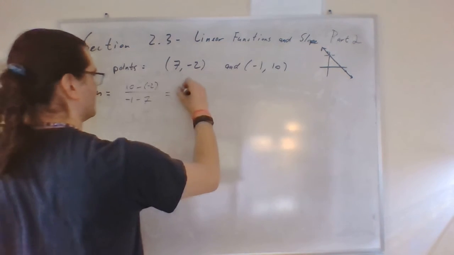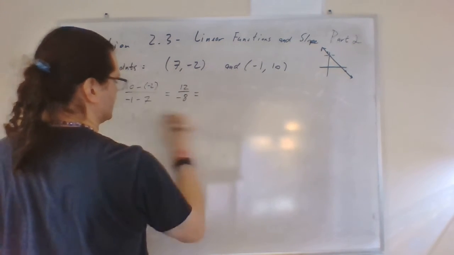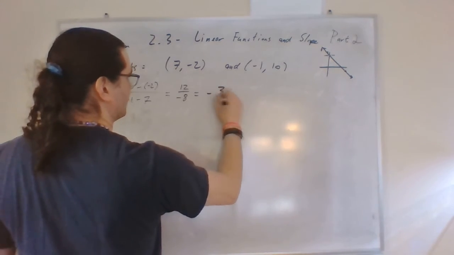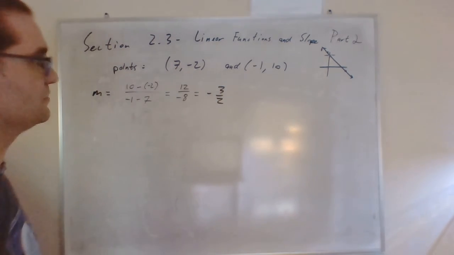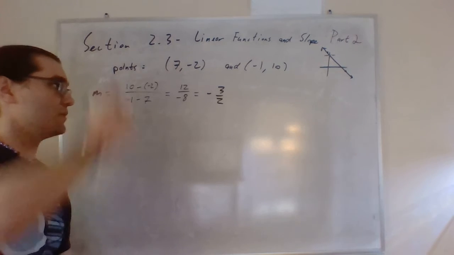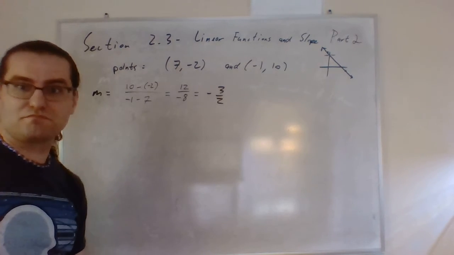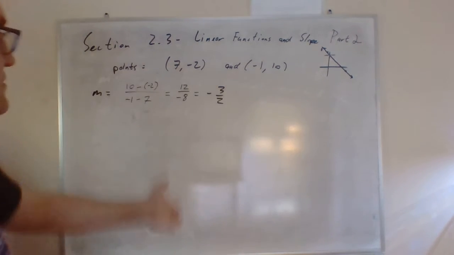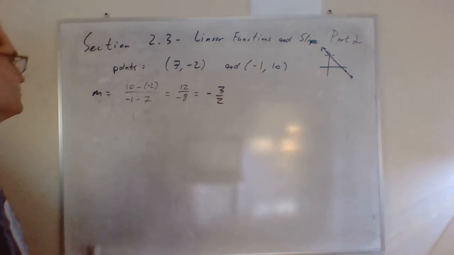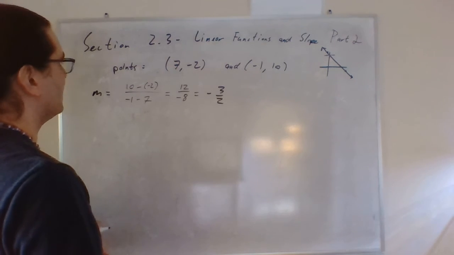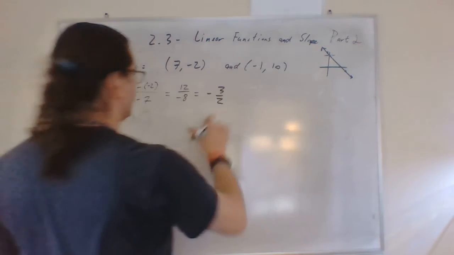So this is going to be 12 over -8, which is -3/2. So it's going down. It's a little steeper than 45 degrees downwards. This is fine. Okay, so we have our slope.